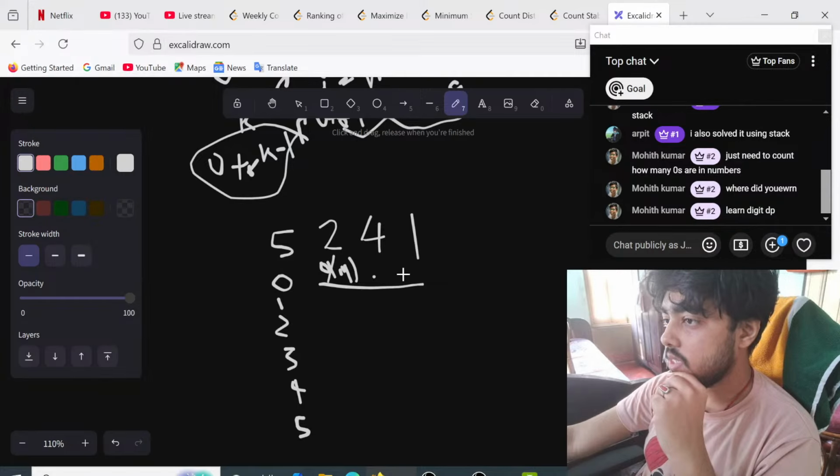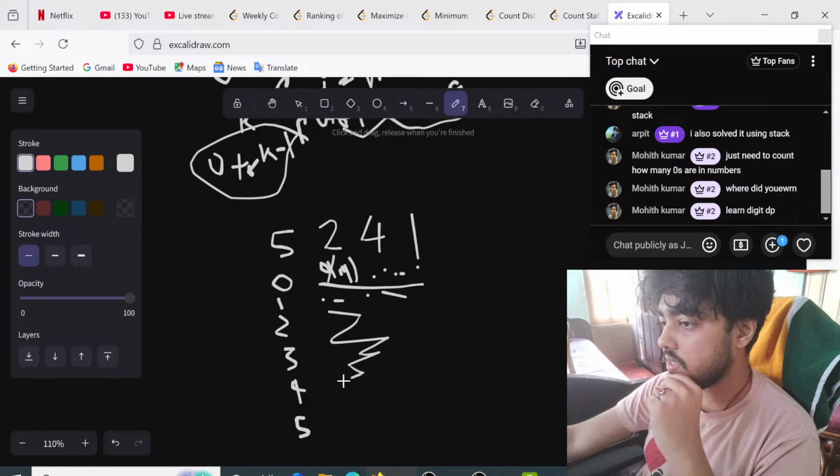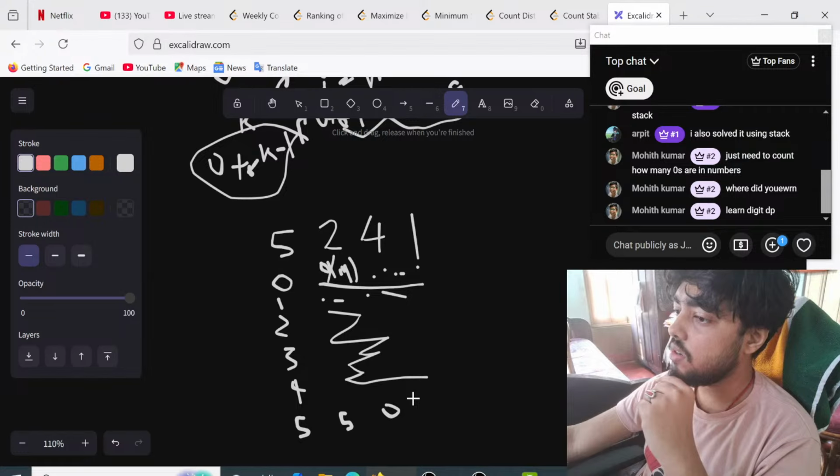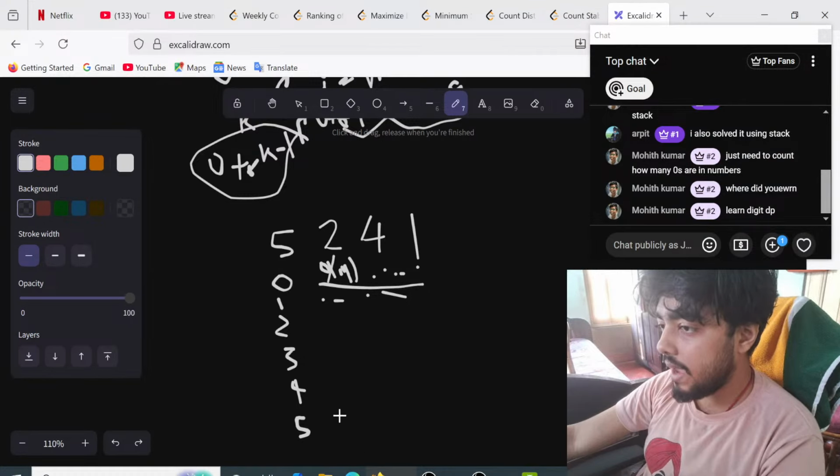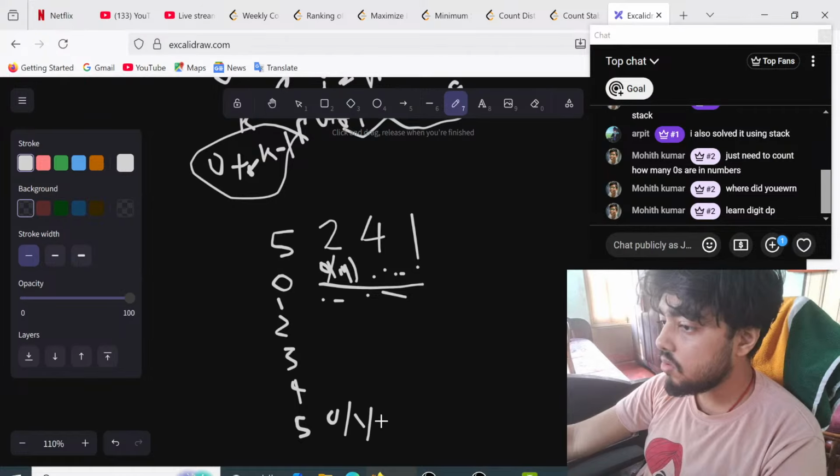The same for all of them. But for 5, you can't put 5 over here, because even if you put 5, 0, 0, it is greater than 5241. So for this, you have to put anything 0, 1 or 2, a number between 0 to 2.